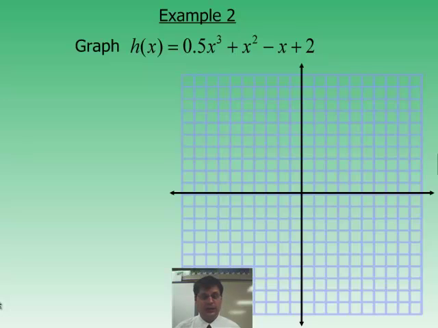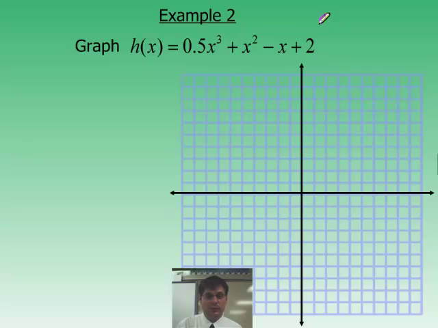So in our second example, we're going to graph h of x equals 0.5x cubed plus x squared minus x plus 2. When we graph, we want to identify the intercepts as well as any local minimums, maximums, and end behavior. But we'll utilize a graphing calculator to help us when determining this.